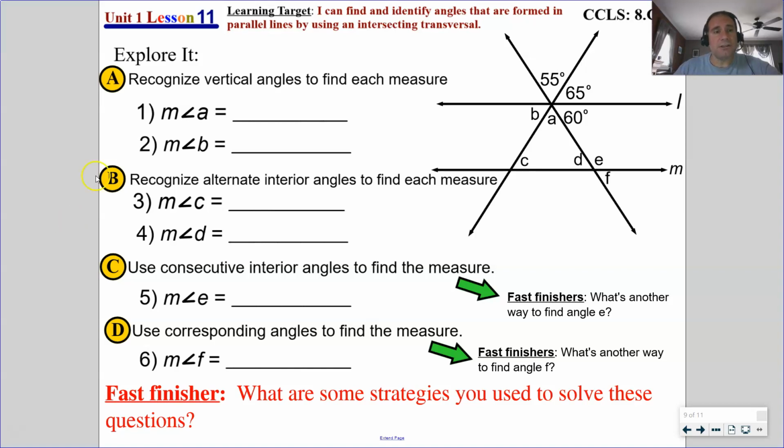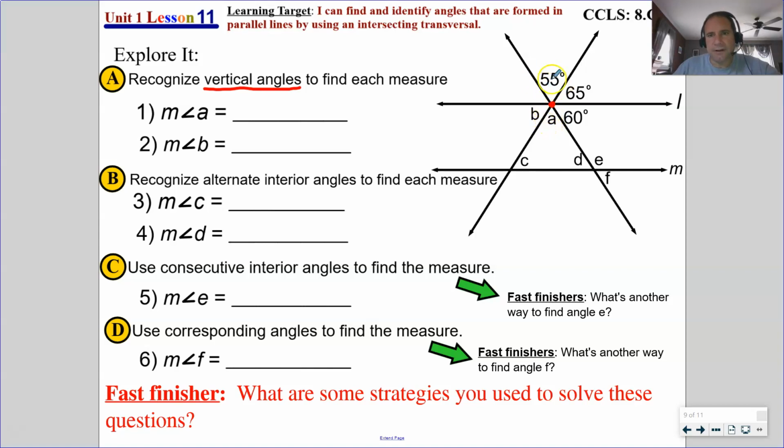So let's talk about recognizing vertical angles to find each measure. I'm going to put a dot right here, and that's called a vertex. Everything that meets at that vertex is exactly the same. Those are called vertical angles.